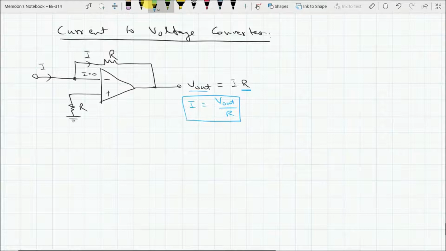Now this second resistor R in the non-inverting terminal is added to provide temperature stability to the configuration. This temperature stability can be explained when we used to add an emitter resistor in our BJT circuits.